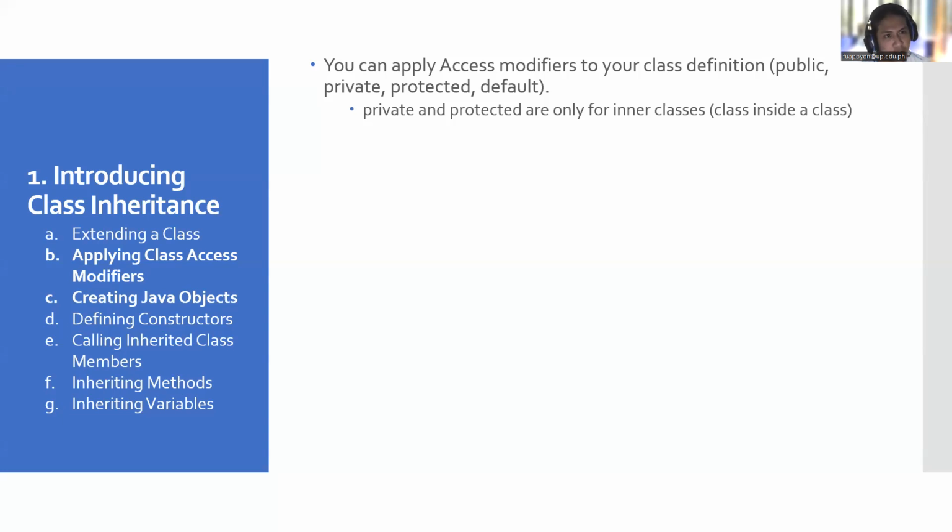We will be just focusing on public and your default, which is your package private. But usually, public is used for your class, no, if you're defining. But if you have, for example, two classes in one file, well, only one of those can be named public.